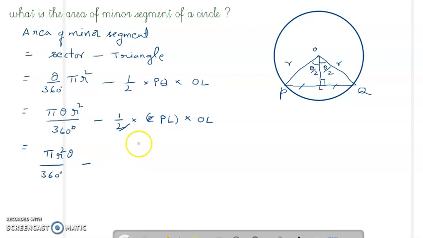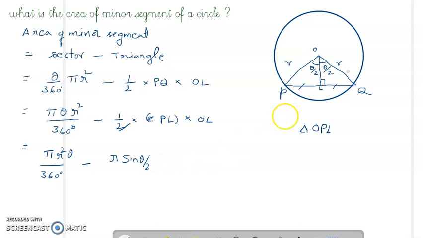So PL is nothing but, if you take the triangle OPL and apply sin theta by 2, opposite side upon hypotenuse, opposite is PL, hypotenuse is r. So sin theta by 2 equals PL by r, PL equals r sin theta by 2.